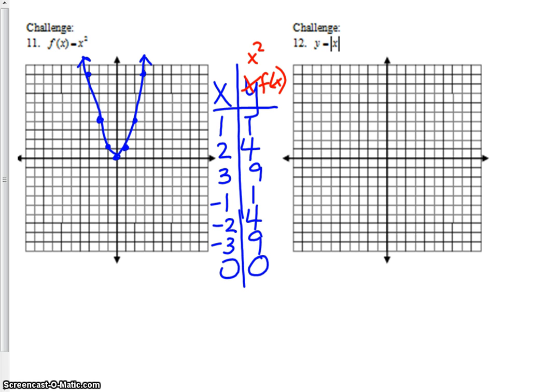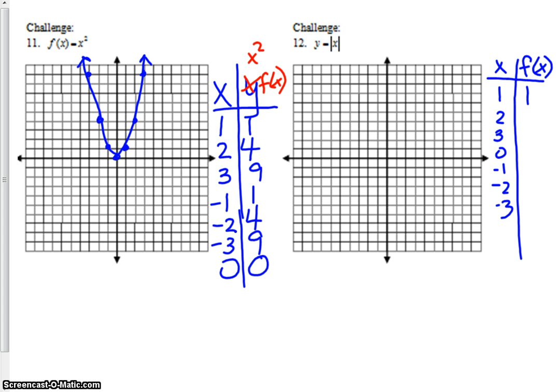Same idea we're going to do with our absolute value. Absolute value is if it's a negative, it becomes a positive. If it's a positive, it stays positive. So again, 1, 2, 3, 0, -1, -2, -3. Absolute value of a positive 1 stays 1. Absolute value of a positive 2 is 2, 3 is 3, 0 is 0.